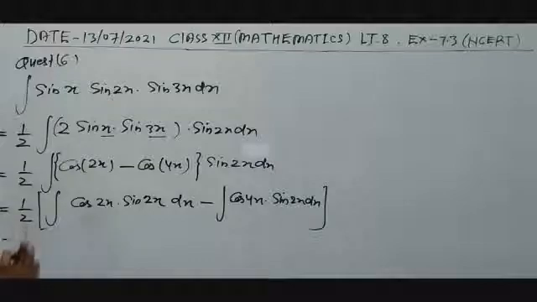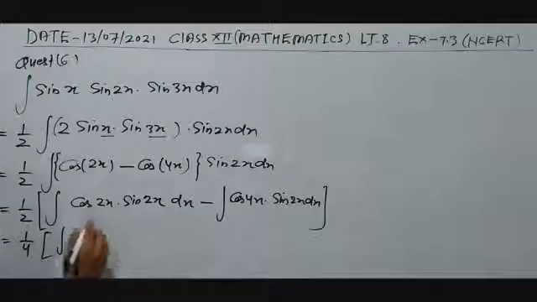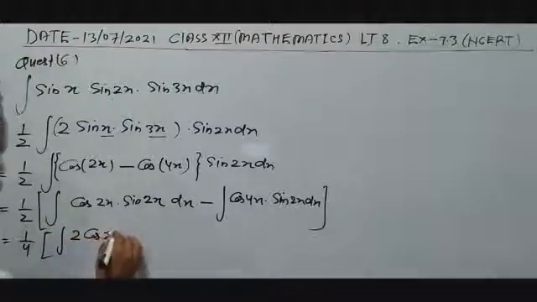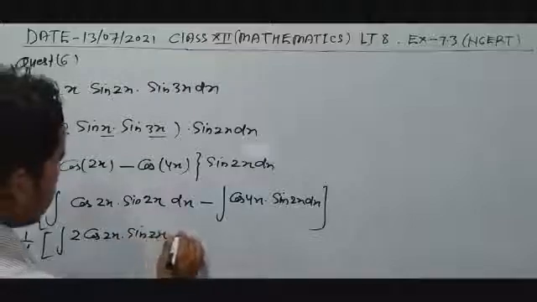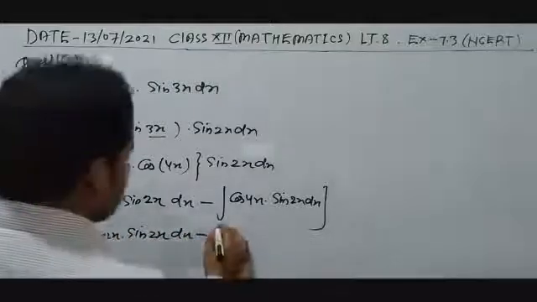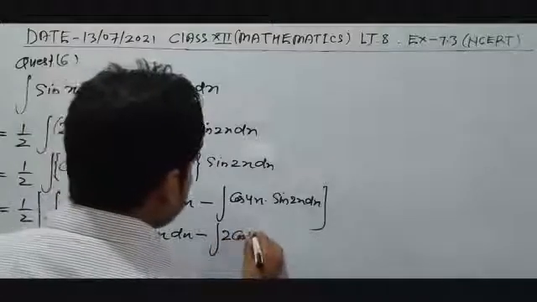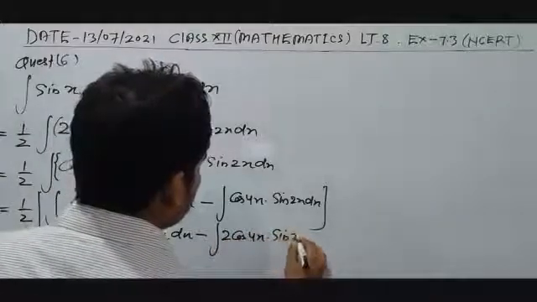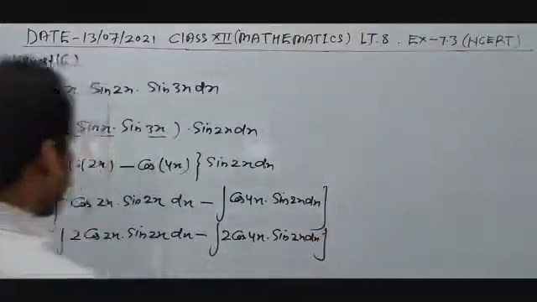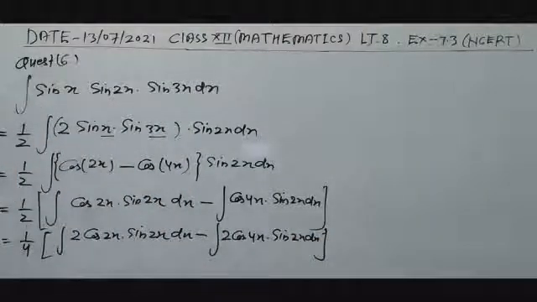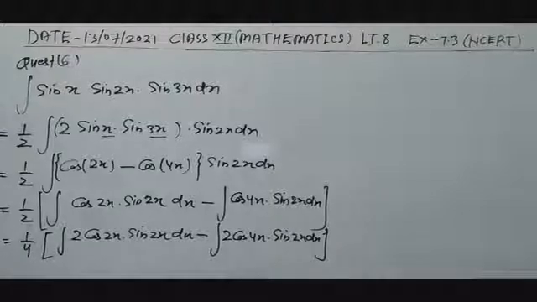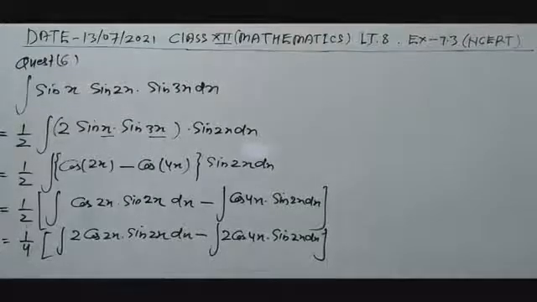So this will be 1 by 4 integration over 2 times cos of 2x into sin 2x dx minus 2 times cos of 4x into sin of 2x dx. Now 2 sin theta into cos theta, result is sin 2 theta. So its answer will be sin of 4 theta.